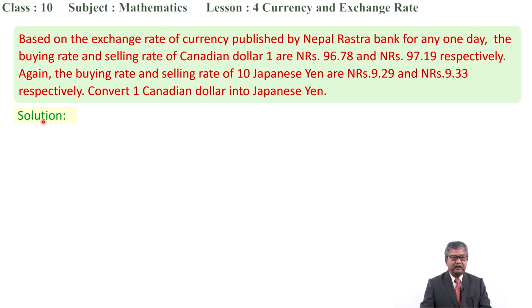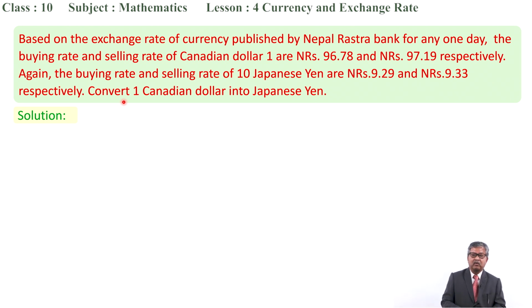Okay. Then again, the buying rate and selling rate of 10 Japanese yen. It means for 10 Japanese yen, the buying rate is Nepalese rupees 9 rupees 29 paisa, and the selling rate is 9 rupees 33 paisa. This is given. Now convert 1 Canadian dollar into Japanese yen.